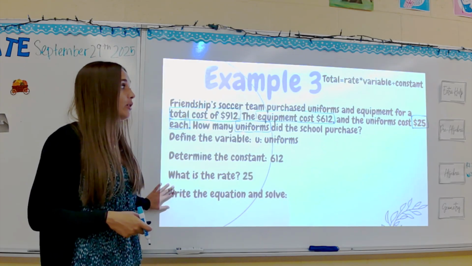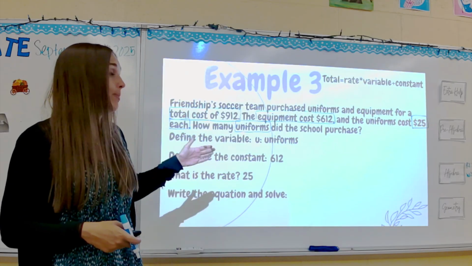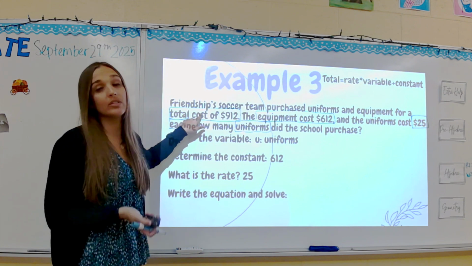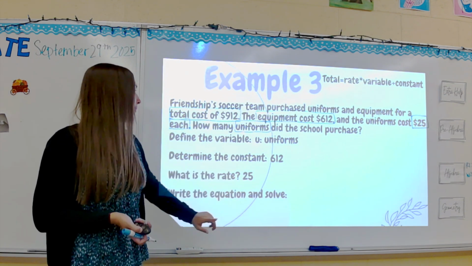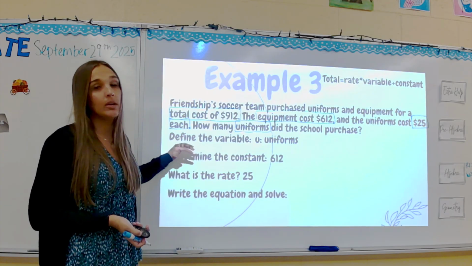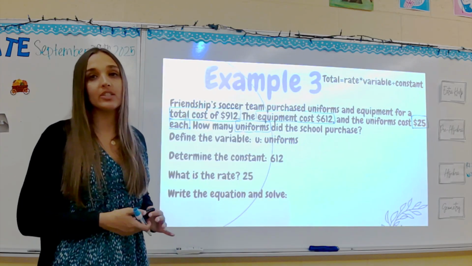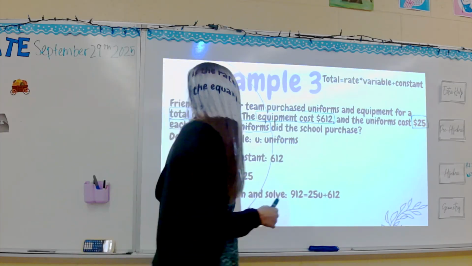And then I put it into my equation where the total, which is the equipment and the uniforms, which is $912, equals my rate, which is 25, times my variable, which is U, plus my constant, which is just the equipment, which is 612. And now I'm going to solve this equation.